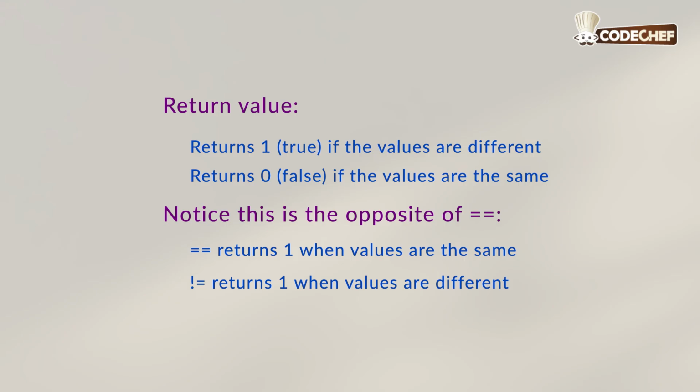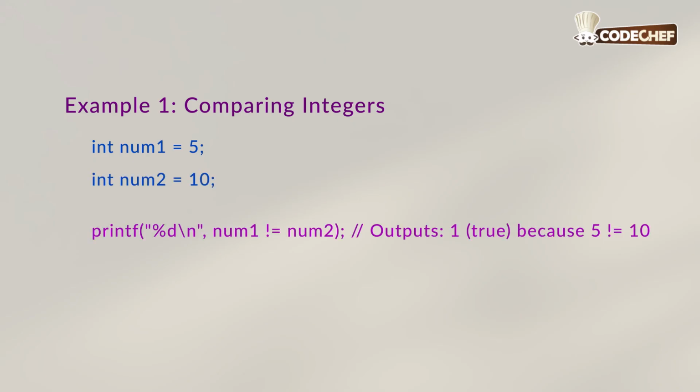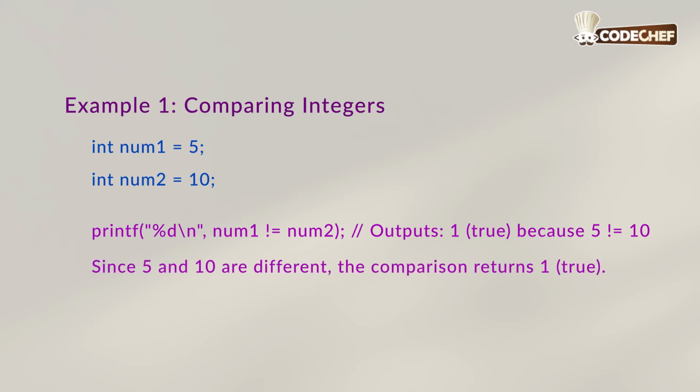Now let me show you a quick example before we dive into the complete program. The first example is comparing integers. Integer num1 is equal to 5, num2 is equal to 10. The printf with percent d backslash n of num1 not equal to num2 outputs 1, that is true, because 5 is not equal to 10, since 5 and 10 are different.